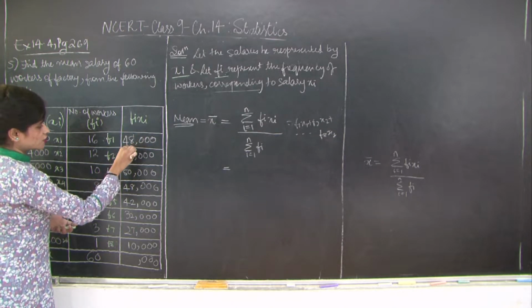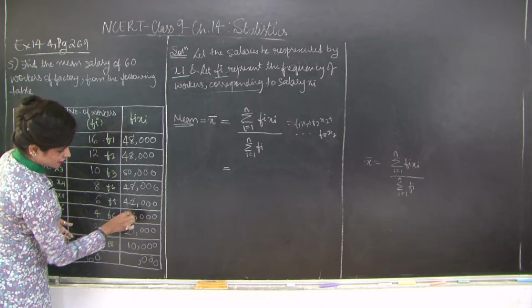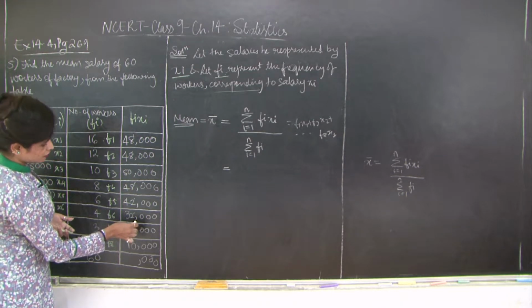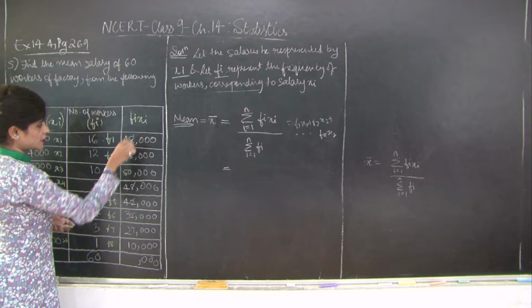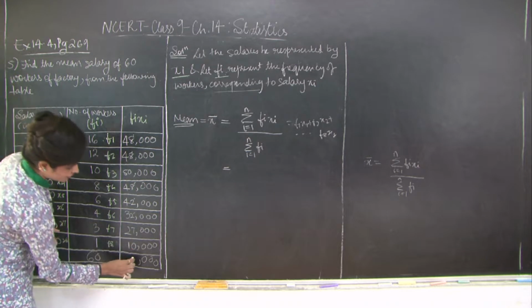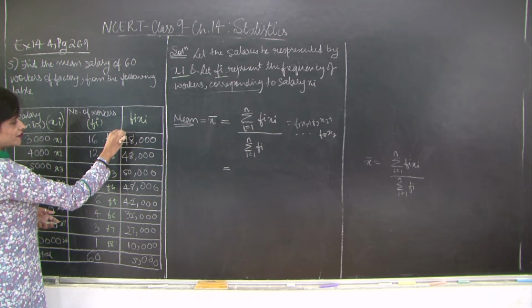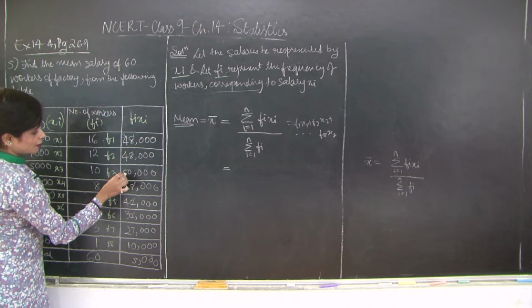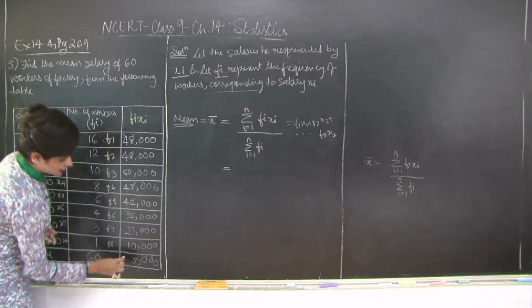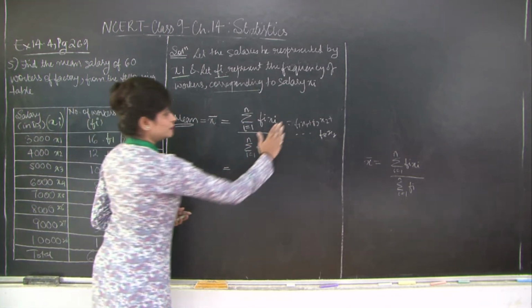Let me just recalculate, I lost track. 8 1s are 8, 8 2s are 16, 8 3s are 24, 28, 29, 30, 35. Then I have 4, 5, 6, 7, 7 plus 4, 11, plus 5, 16, 20, 24, 27, 28, 29, 30. So 305000. So what will this become?